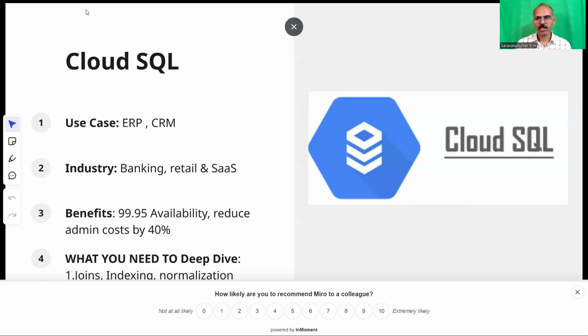In legacy technologies, many of us might have worked on banking applications, where they store the data in SQL Server, or in ERP and CRM systems. All of these can be utilized in Cloud SQL.